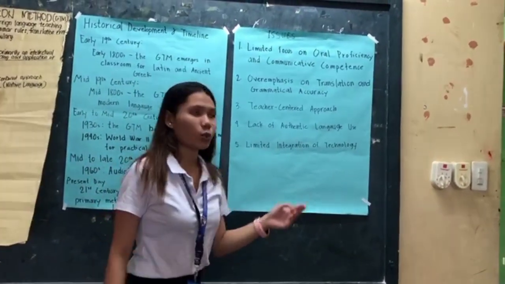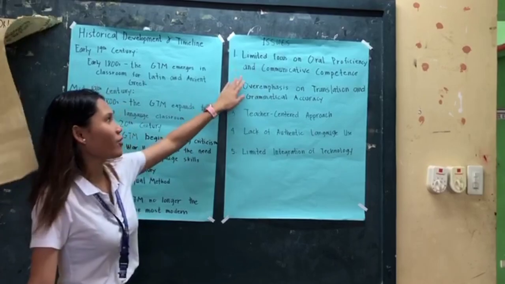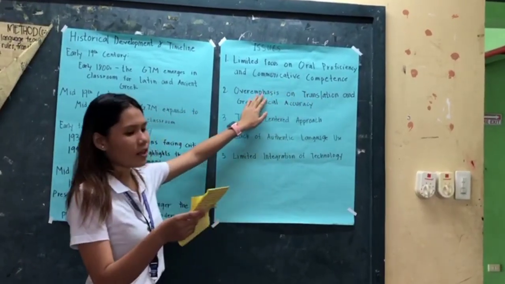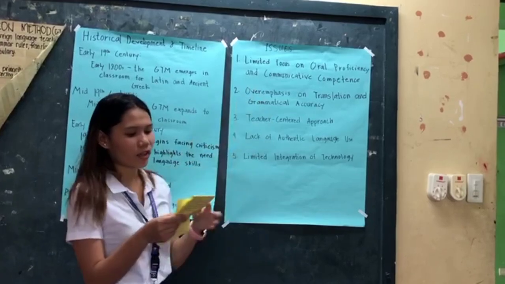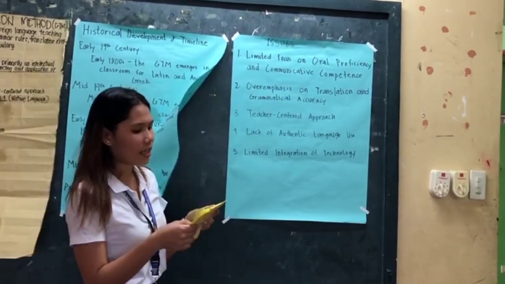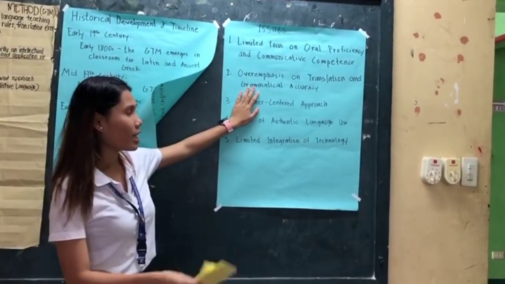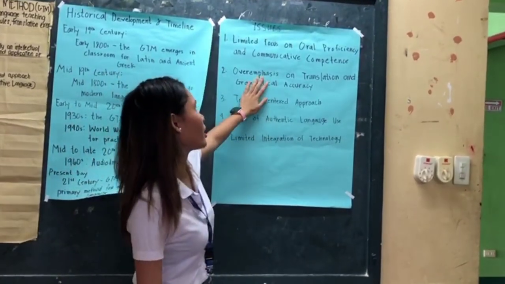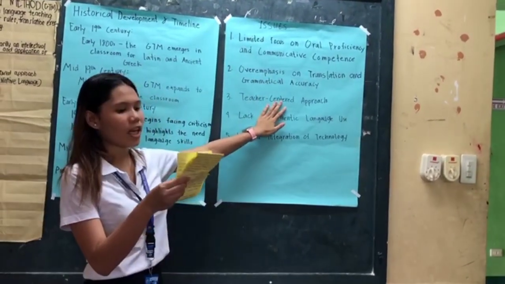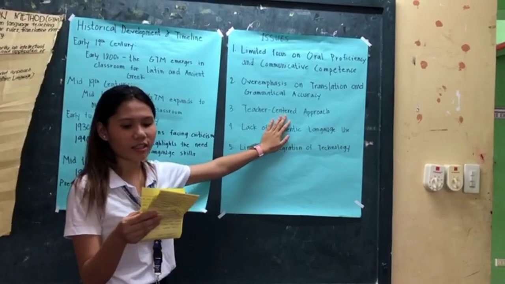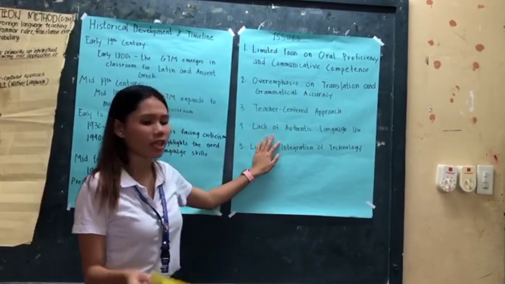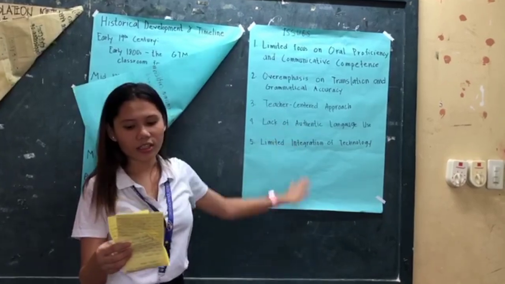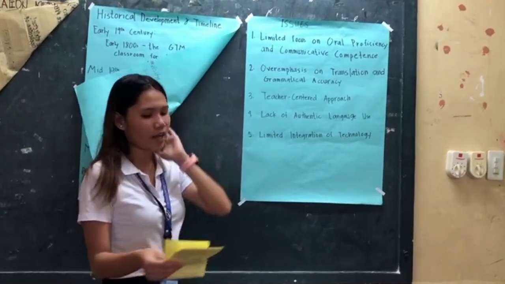Next are the issues. The first issue is limited focus on oral proficiency and communicative competence. The GTM prioritizes reading and writing skills over speaking and listening, neglecting the development of oral proficiency and communicative competence. Critics argue for prioritizing practical communication skills, including speaking and listening, over solely focusing on reading and writing.